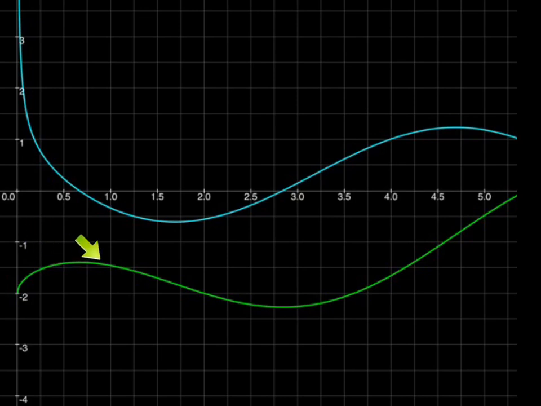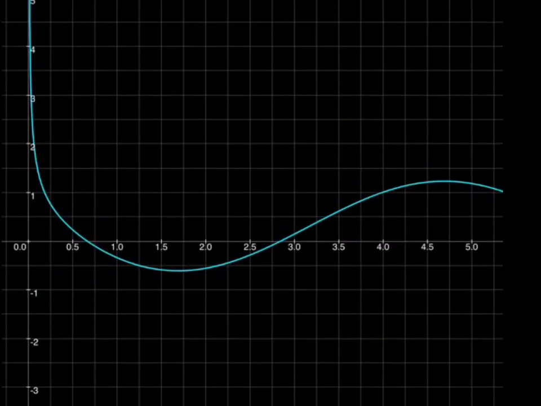And then green right there, that is F. Right now, I just want to look at F prime. So when I look at F prime, wherever the F prime is crossing the x-axis, those are our critical values. Because wherever F prime equals 0, that's where the critical values are of the function you're trying to find the max or min for.